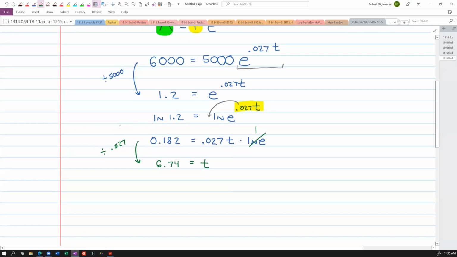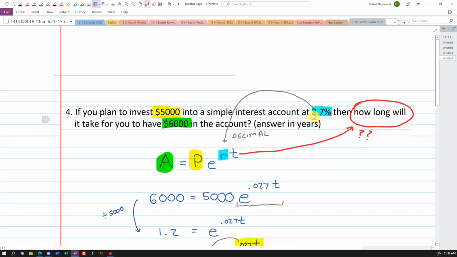And that's my answer, but I need to interpret it. 6.74 what? Years, right? So 6.74 years. Almost 7 years. It'll take almost 7 years to turn my $5,000 into $6,000 if I have an interest rate of 2.7%.